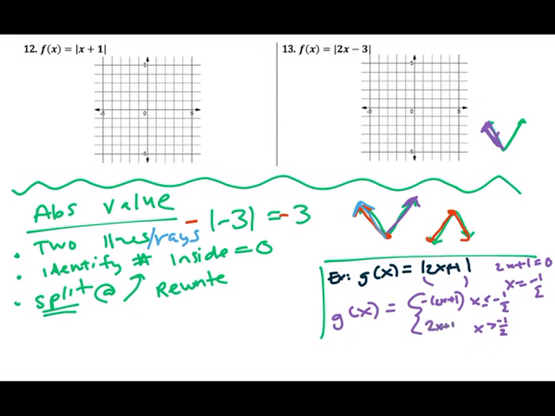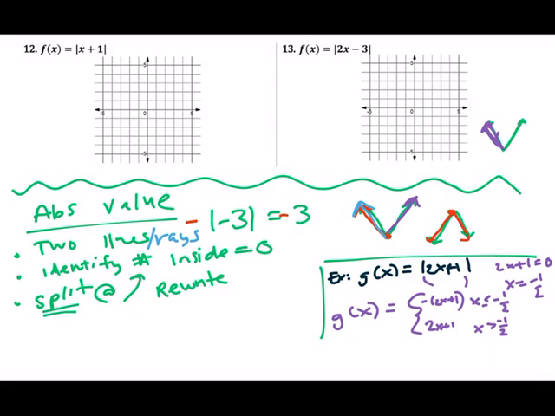The other piece is just what you see in the function without absolute value. So when you split it into two pieces, you're going to be taking the opposite of what's inside as we go to the left, and what's inside as we go to the right. We're going to focus on this more in another section, but for purposes of graphing, I think this is going to help us out.